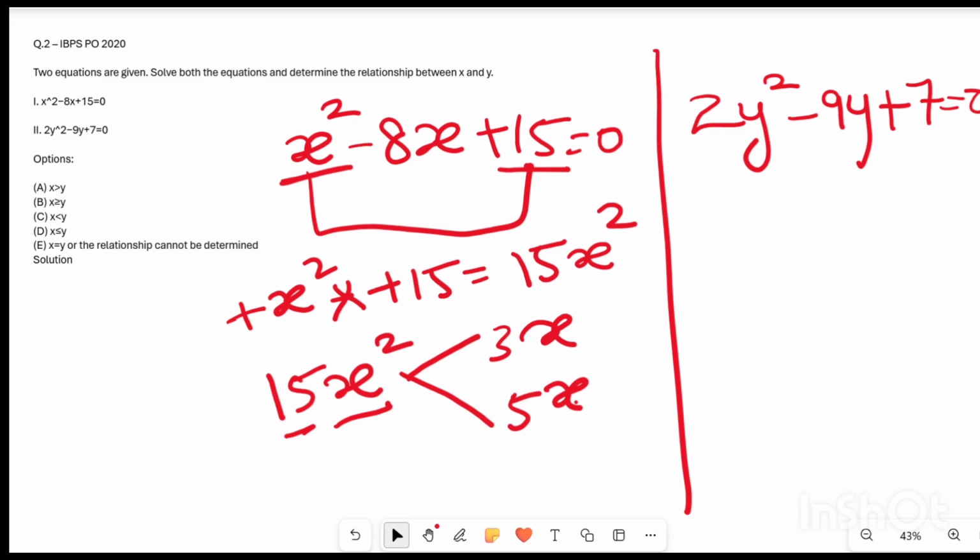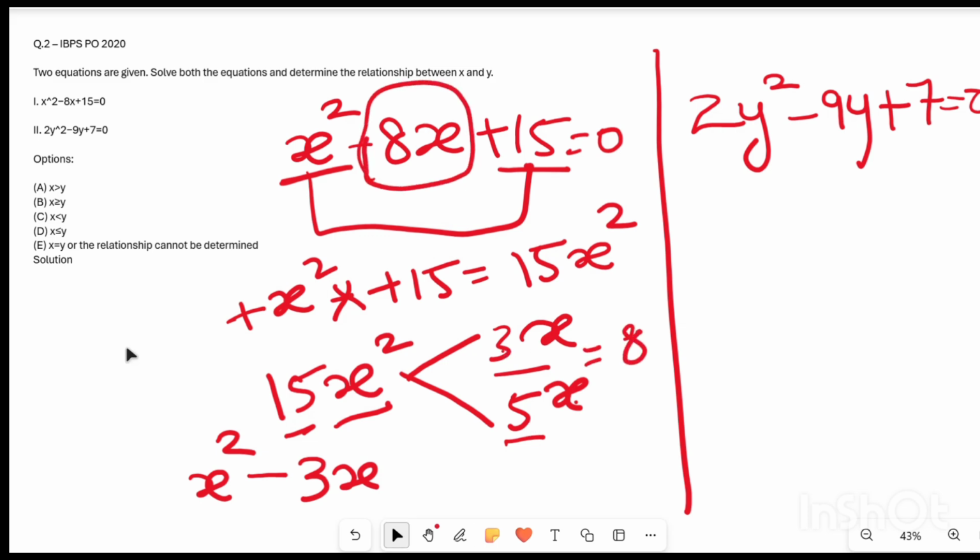So we got here x square minus 3x, and if you observe, 5 plus 3 will become 8. We have to get the middle term after adding the both values of 15x square. And we will be having minus sign here, so we have to keep minus, minus. Minus 3 minus 5 will become minus 8x, and plus 15.